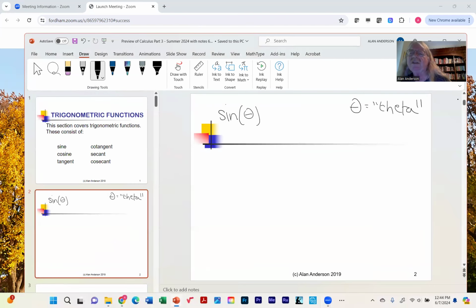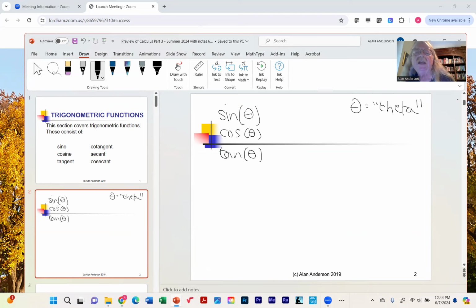That depends on what book you're using, but it's a fairly common practice. Then we have cosine, then tangent, then secant, cosecant, and finally cotangent.